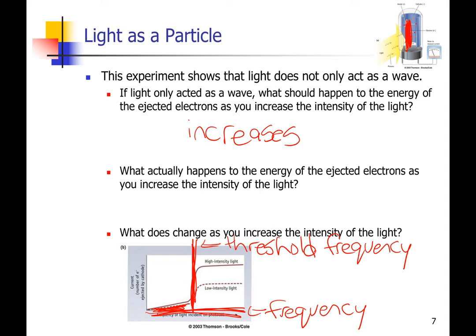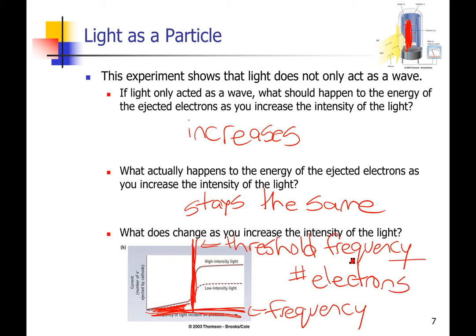The kinetic energy of the electrons actually doesn't change. No matter how bright a light you shine, at the same frequency, the electrons are ejected with the same energy. The energy stays the same. What does change is the number of electrons ejected, as evidenced by the increase in current.